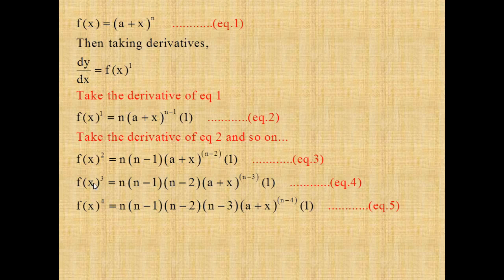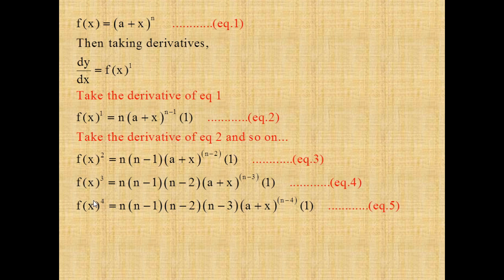Then we take the third derivative of equation 3, and we come up with n minus 2 times n minus 1 times n times a plus x raised to the power of n minus 2 minus 1, which gives us minus 3.